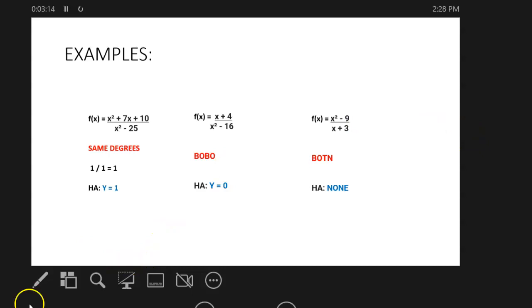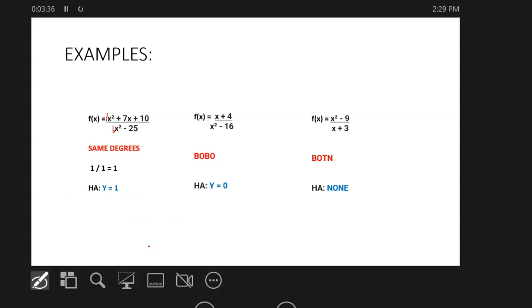The degree of that is also 2. So to get the horizontal asymptote, we are going to take the leading coefficients, 1 divided by 1, which is equal to 1, and my horizontal asymptote would be y is equal to 1.